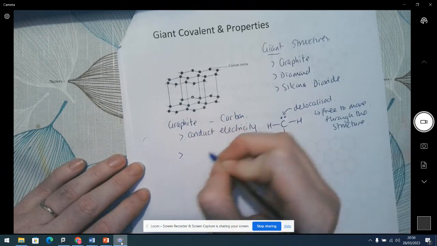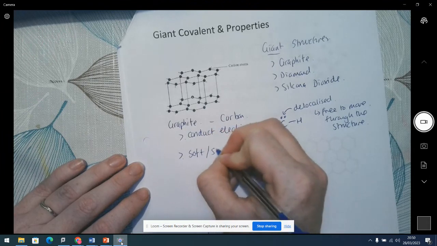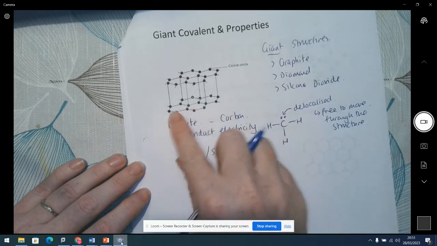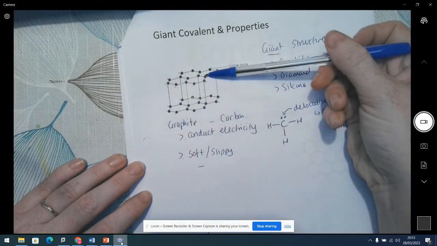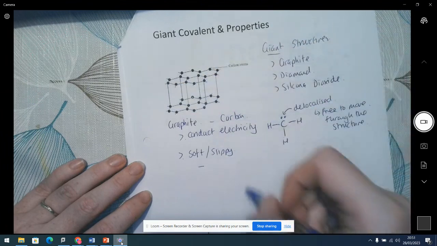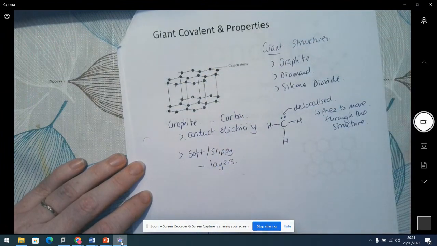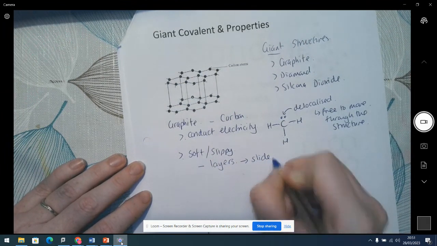The second thing you need to know about graphite is that it is soft and slippy, okay? And you need to be able to link that to its structure. So what I hope you can see from my picture is that you've got these layers. And we know from metallic bonding that layers generally can slide.